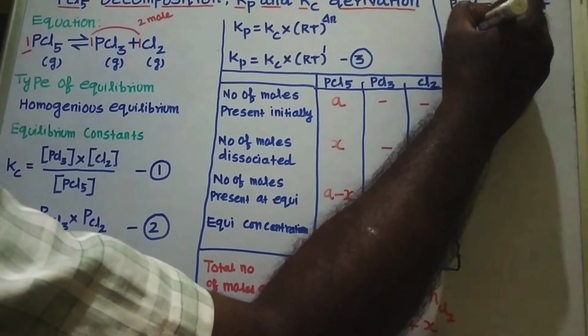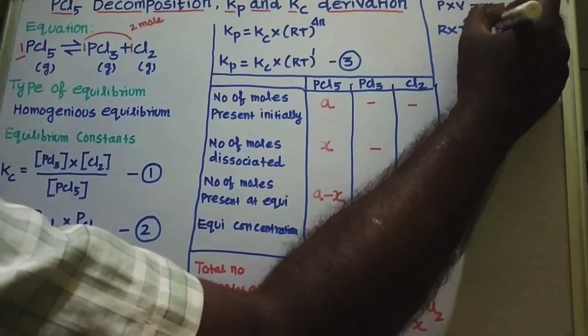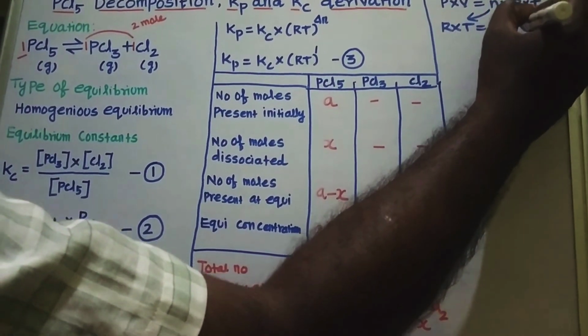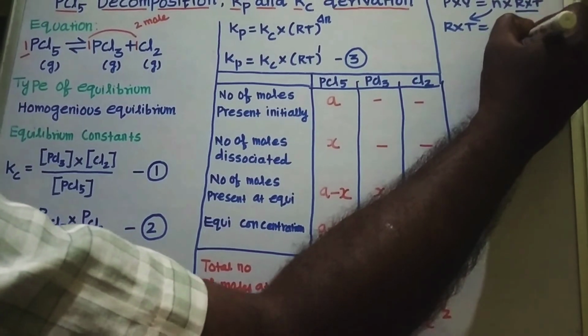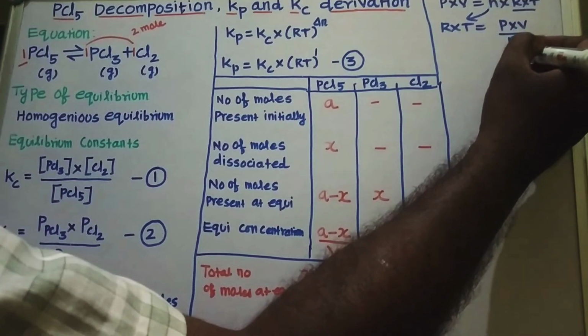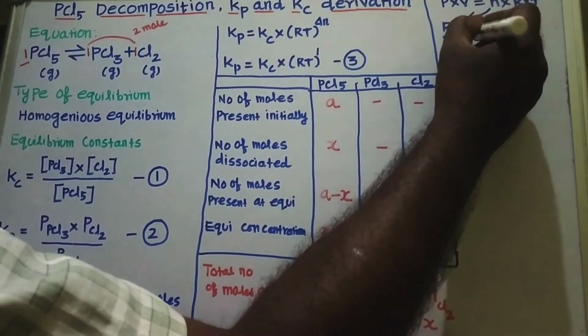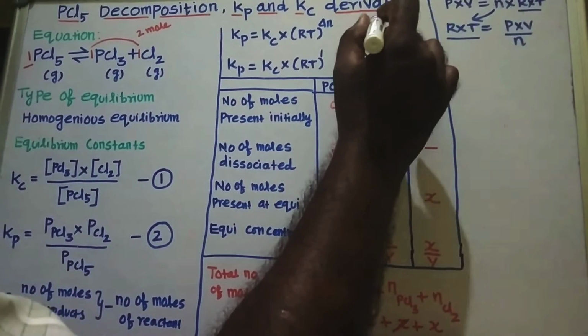R into T is equal to P into V divided by N, since N moves to the denominator. Then we substitute the value of RT in equation number 3.